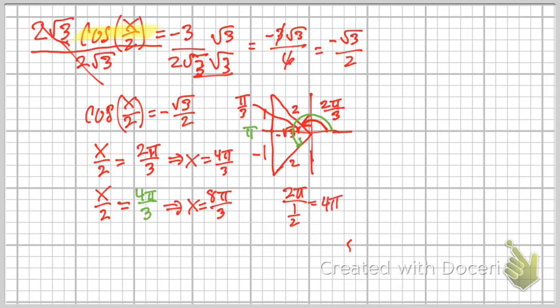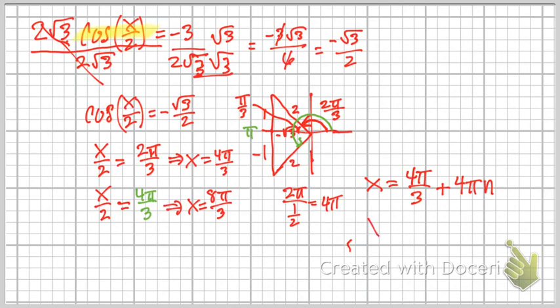So the reason why I have to bring this up now is because I'm thinking about generating all of the answers for these. So remember, I'm going to take that x for that first answer, and I'm going to get the 4 pi thirds. And now I'm going to have to add 4 pi to every one of those to generate all of the answers. So this is going to be 4 pi n, or 4 pi k.